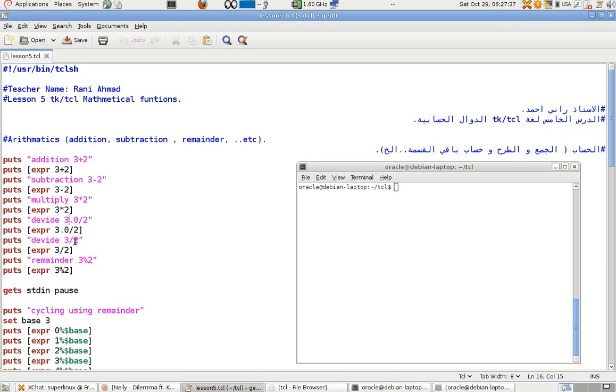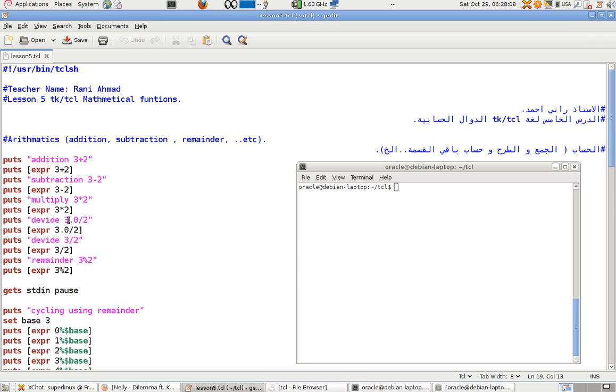Now we have a small issue regarding the division. If you put the numerator as a non-decimal number, like here, it will give an output of a complete integer.